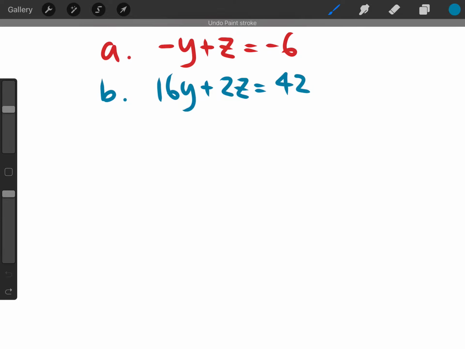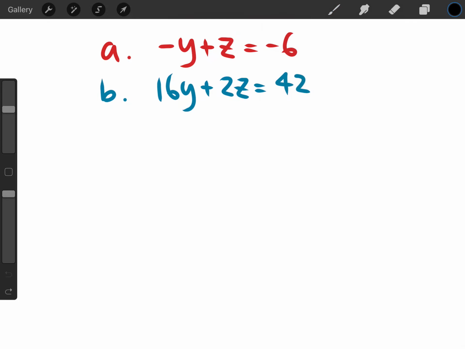So if I multiply equation A by 2, be careful with this erasing job, this is going to give you negative 2y plus 2z equals negative 12.